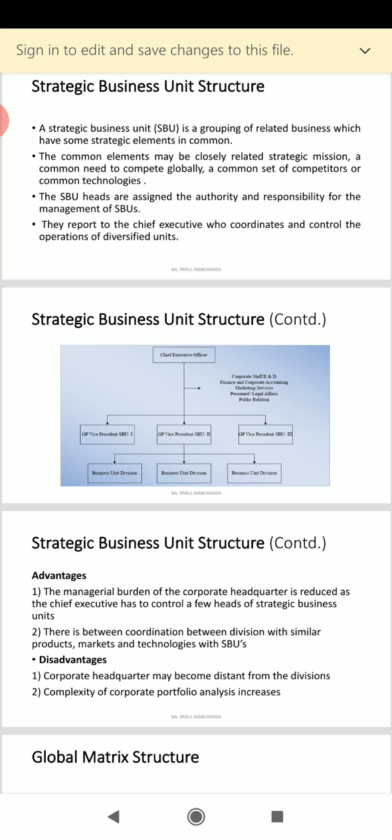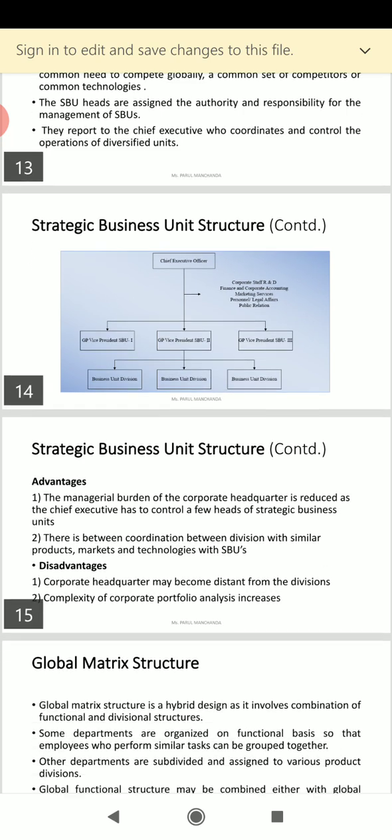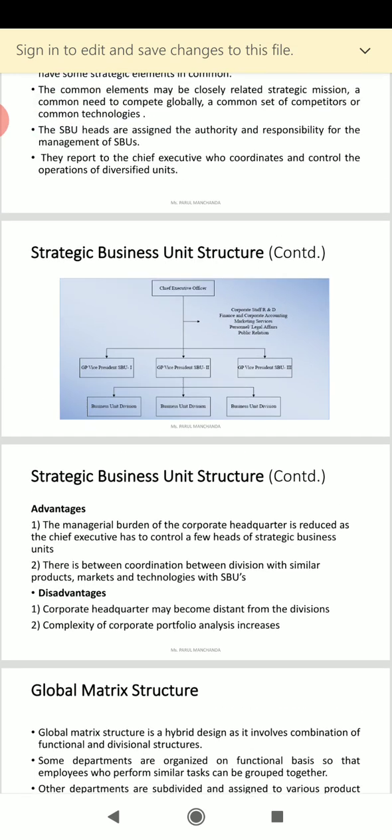Now, if I talk about the disadvantages precisely, the headquarters is at a distance from the SBUs, because there's one more channel of hierarchy to be handled. So the distance factor is quite huge.